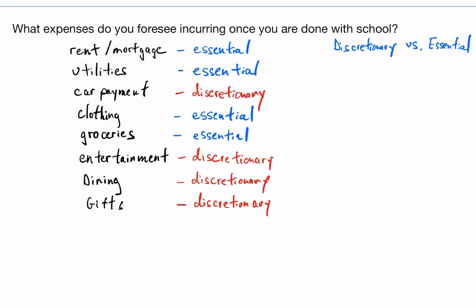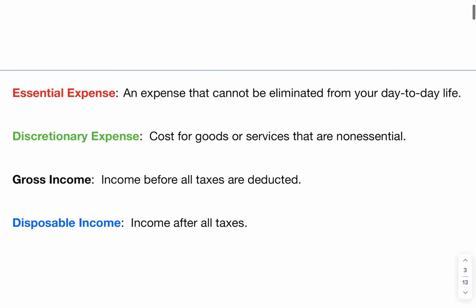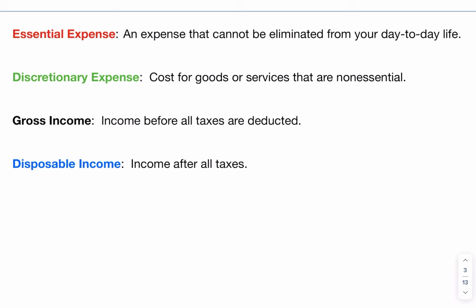Hopefully by going through this list, you now have a much better understanding and flavor for what is essential versus what is discretionary. Okay, so let's move on to our definition. An essential expense is an expense that cannot be eliminated from your day-to-day life, okay? The key phrase being cannot be eliminated. For a lot of people, this definition may vary.